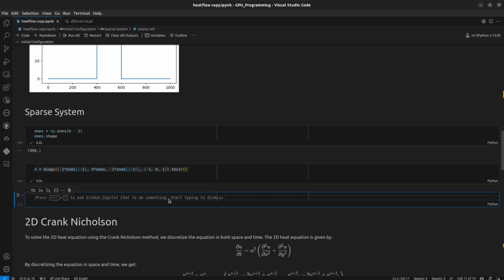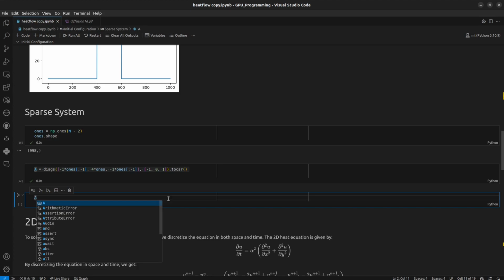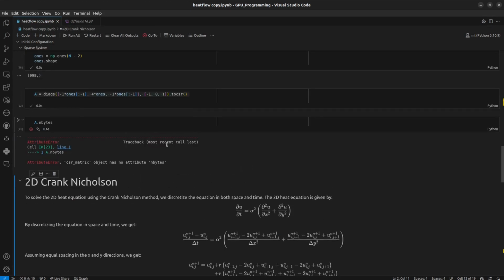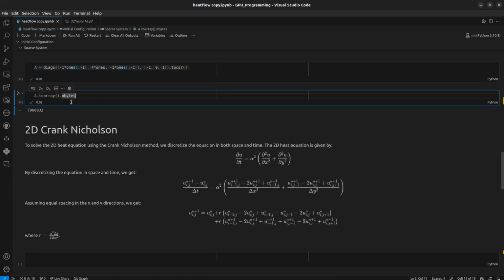For a normal array, we can just have a look at the size by a.nbytes. Of course we need to create an array from there. So that's in bytes, but I find megabytes way more intuitive. So if we were to use the matrix A as a normal array, we would use 7 megabytes.